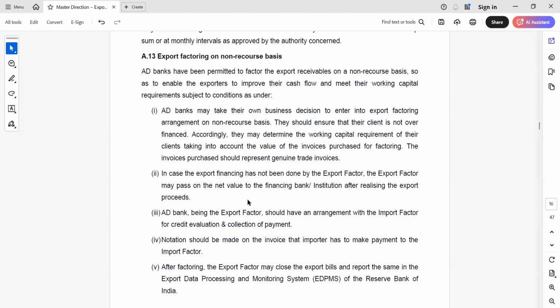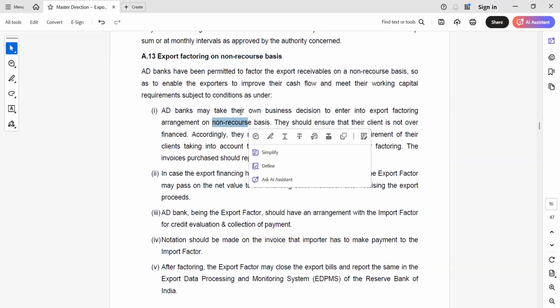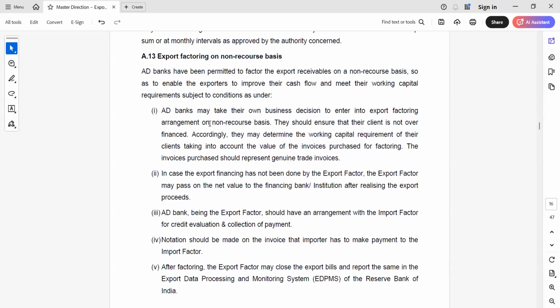It's better you have an understanding of this. Here the bank has to take its own decision if they are doing a factoring arrangement on a non-recourse basis. Non-recourse means there is no security, without any guarantee. This is with recourse and this is without recourse. So here the bank will have its own business decision.